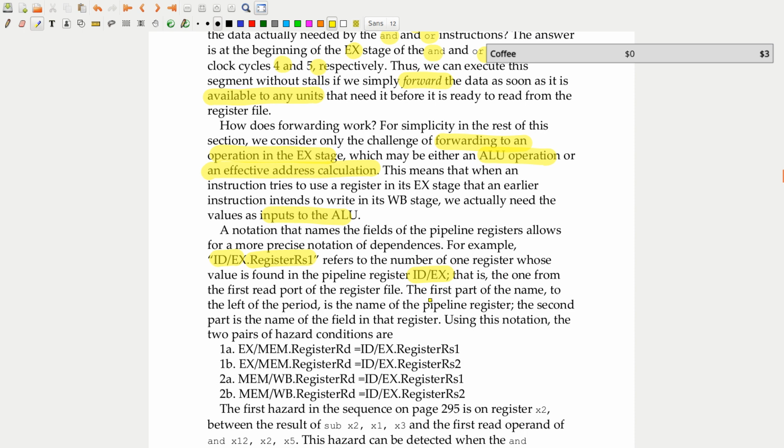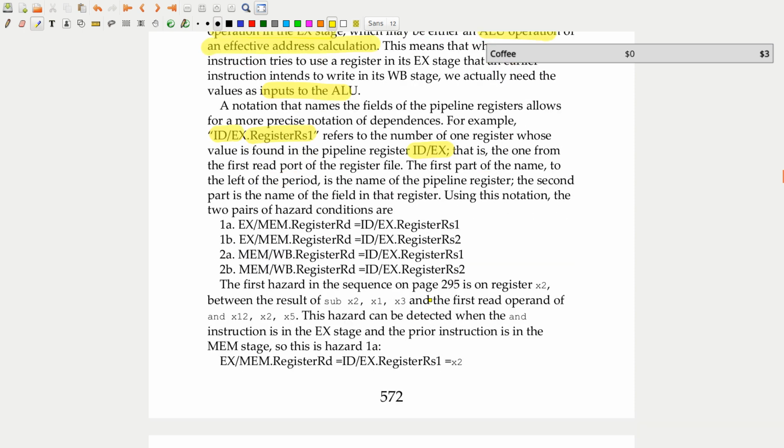Okay. So using this notation, the two pairs of hazard conditions are execute memory register read must equal decode execute register RS1.